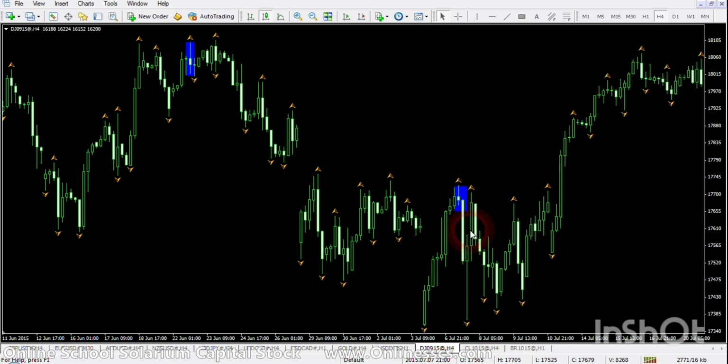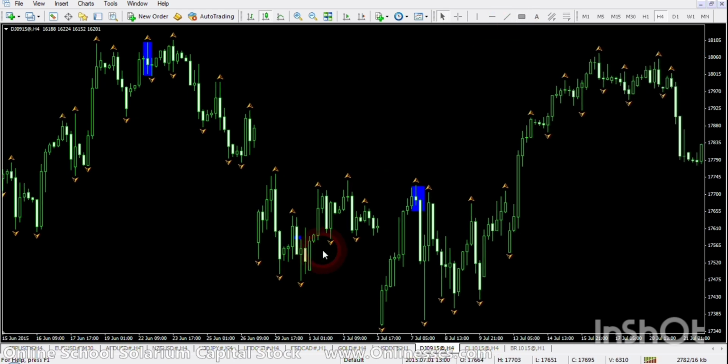When it's on the top of the chart, your trend is going to be downtrend. So if you want to get a down signal or a sell signal, this reversal should be on the top of your chart. When it's on the top of your chart, your trend is going to downtrend, and when it's at the bottom of the chart, the trend is going to go upwards, like here.